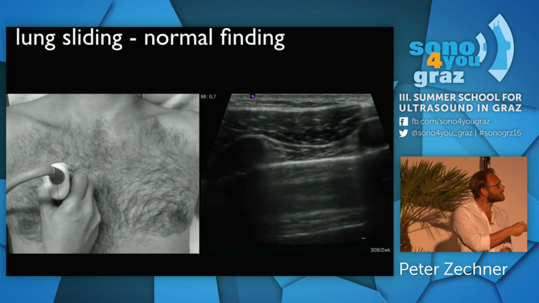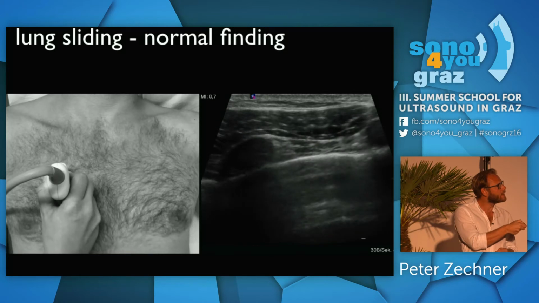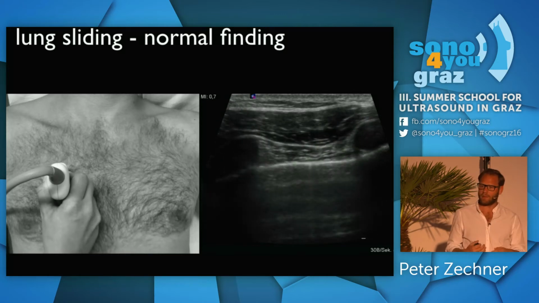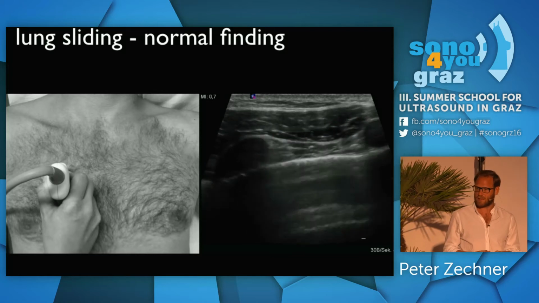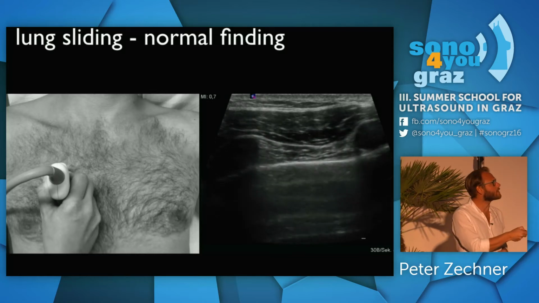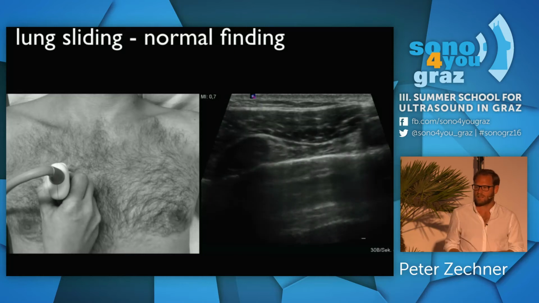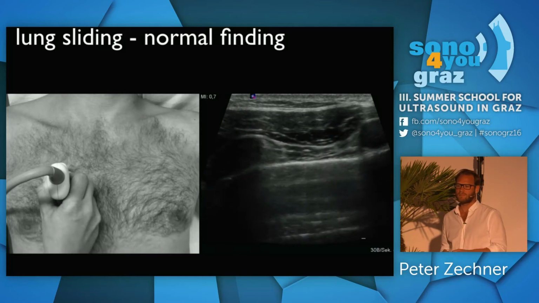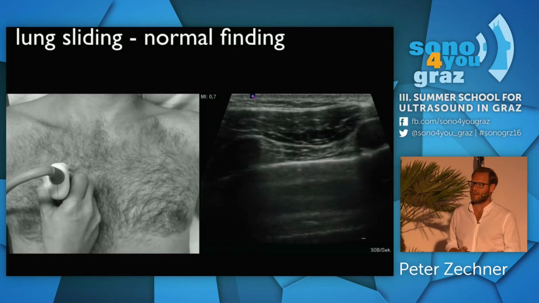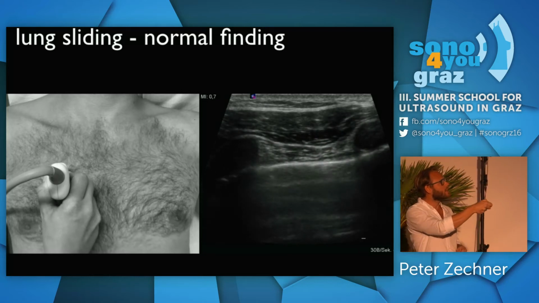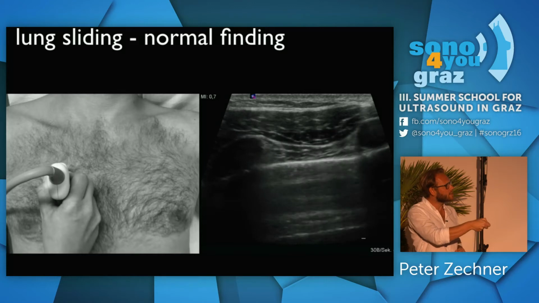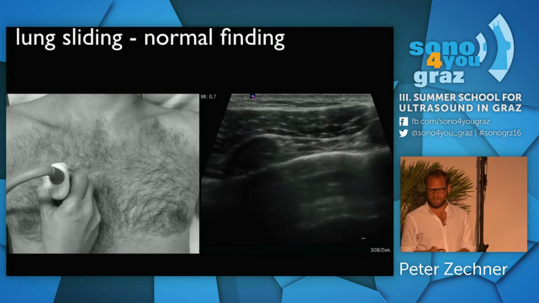You can see it here, little white points moving right and left with every breathing motion. Can everybody see this? I think it's visible very well. Down there, what's this? Nothing. It's just artifacts, but no lung tissue, okay? This is just a mirror of what we see up there, and these are reverberation artifacts.